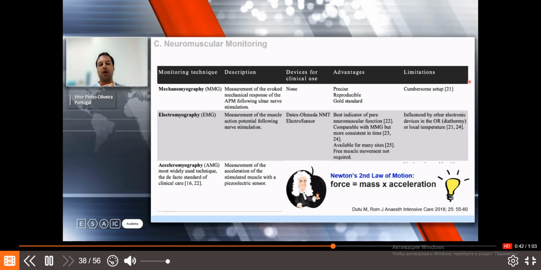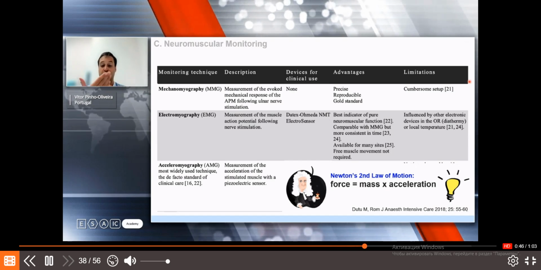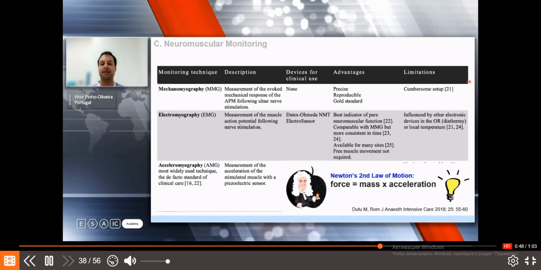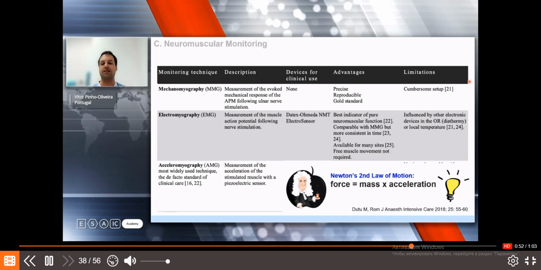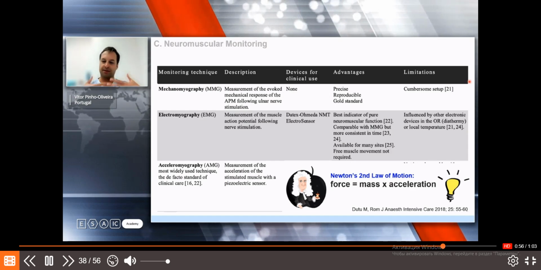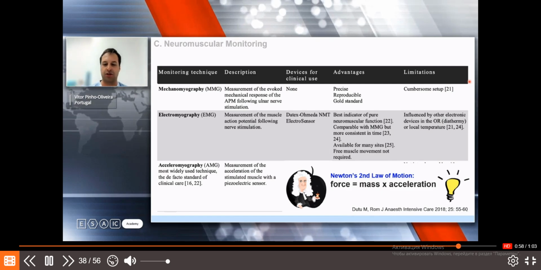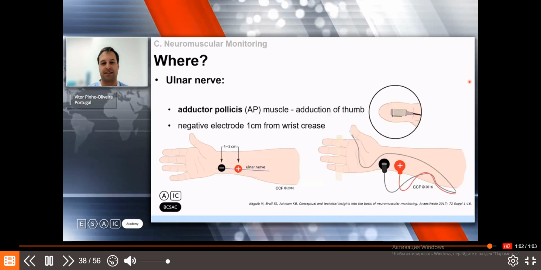We measure the acceleration, so with this we can calculate the force. So the basis behind the acceleromyography is the second law of motion of Newton, and with that you can highlight your knowledge of physics applied to clinical settings.